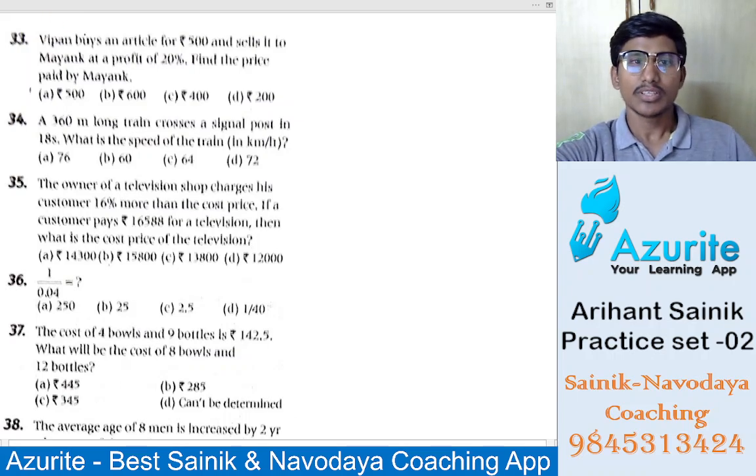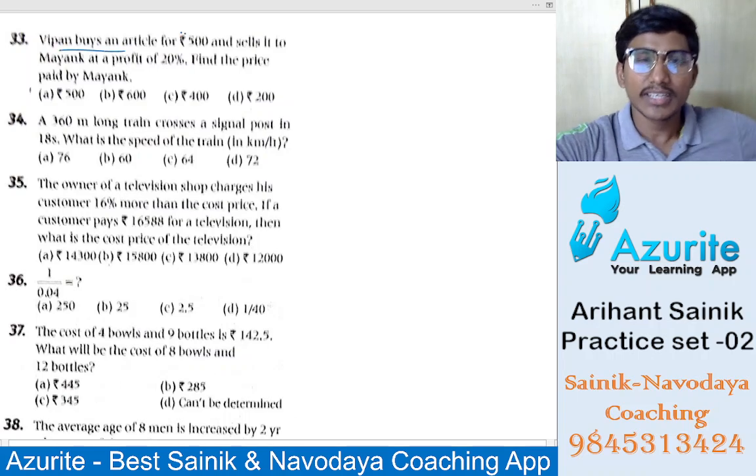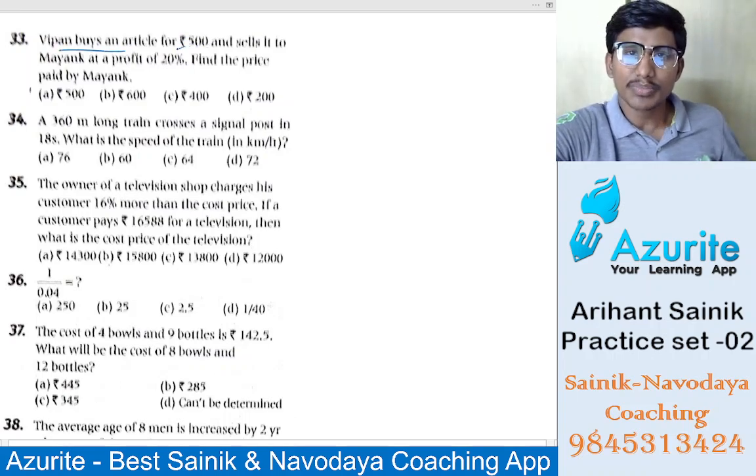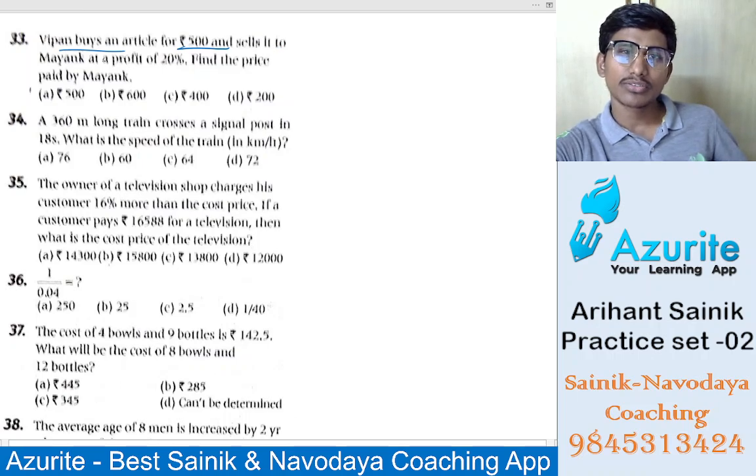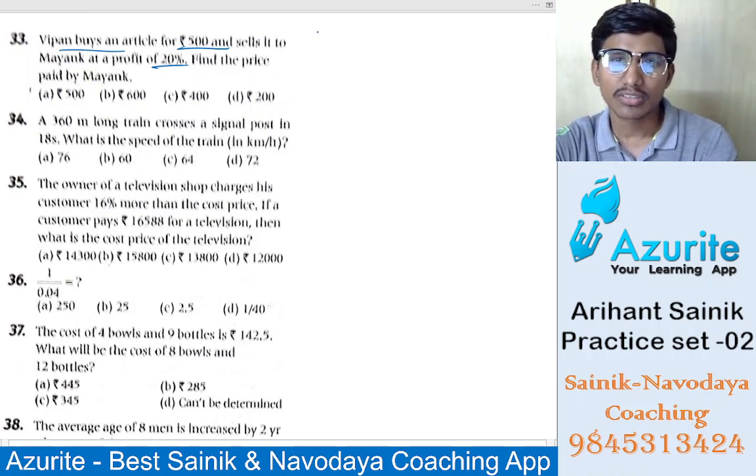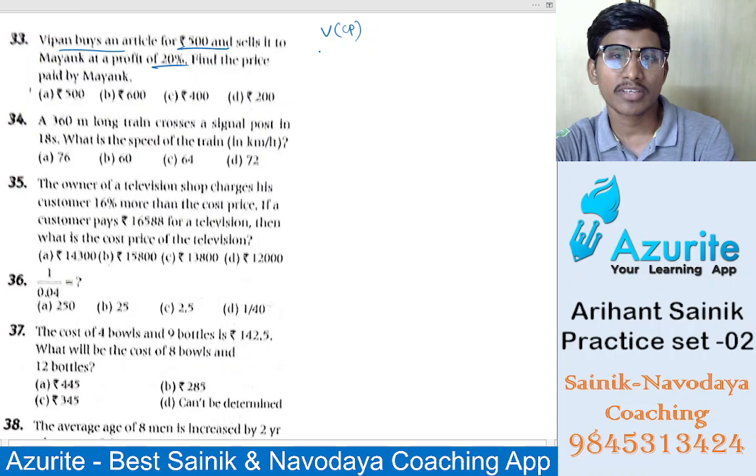33 question. Vipan buys the article for 500 rupees and sells it to Mayank at a profit of 20%. Find the price paid by Mayank. So Vipan's cost price is 500 rupees. 20% profit means 20% of 500.